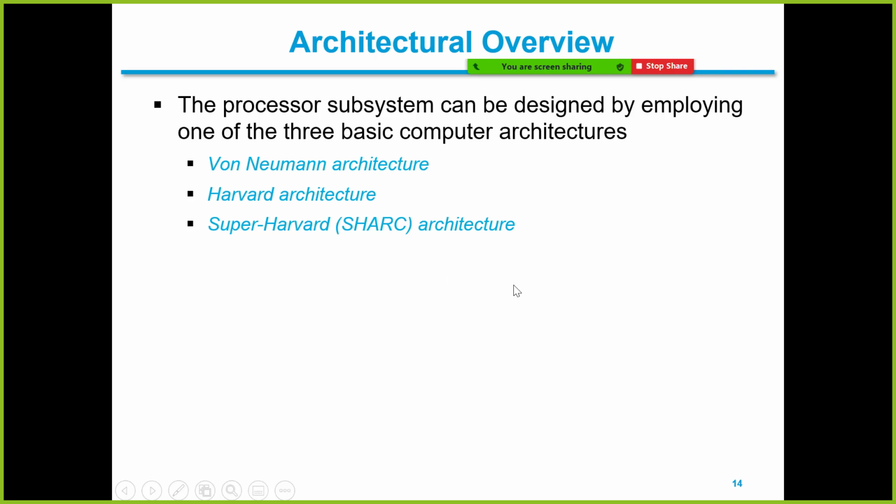These are very basic architectures, because we cannot expect a sensor node to be as powerful as a PC, so we cannot use complicated architectures to build the sensor node. We have to use very simple, basic architectures for them.